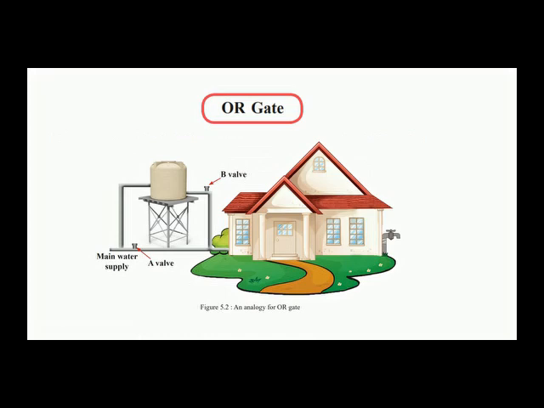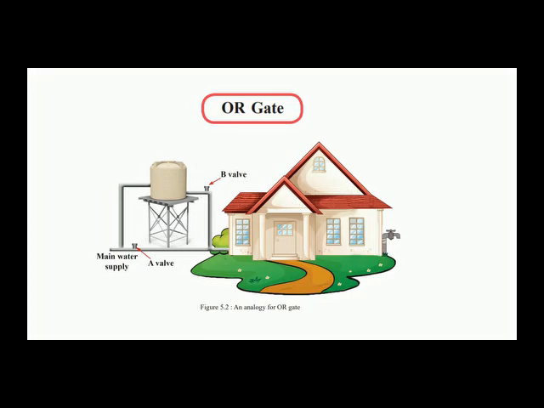Then we have another gate. This is the OR gate. Here in this OR gate, we have a valve here. Now this is the main water supply. We have a valve here and a valve there.